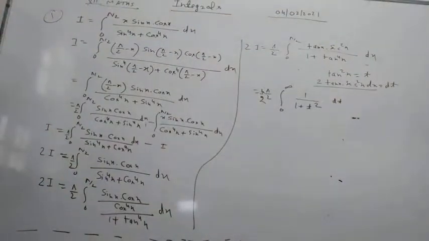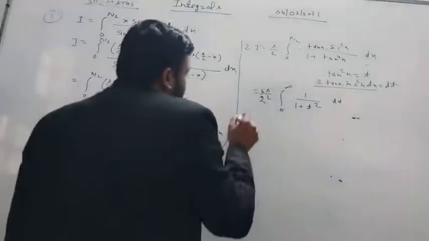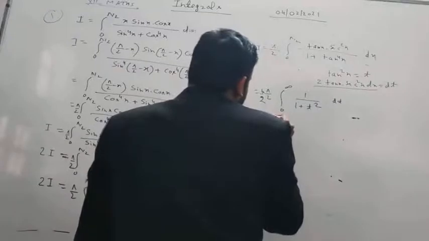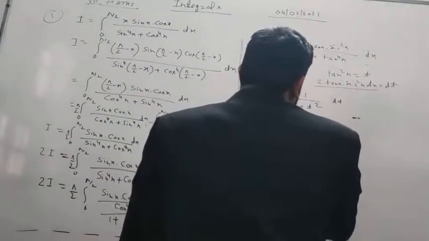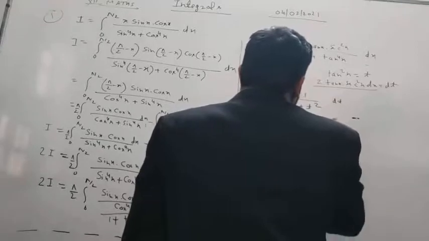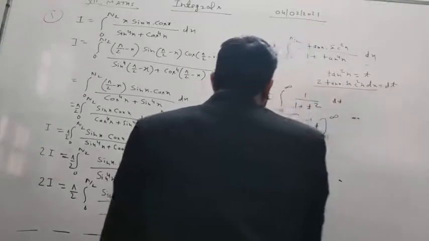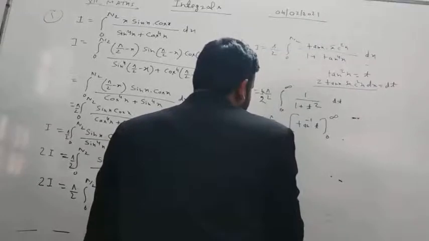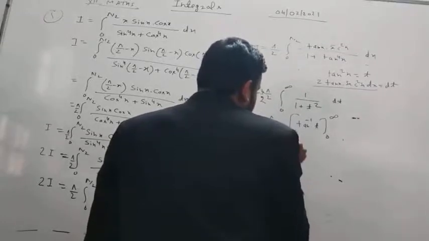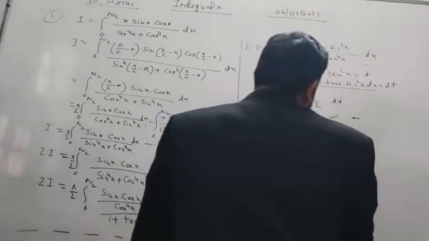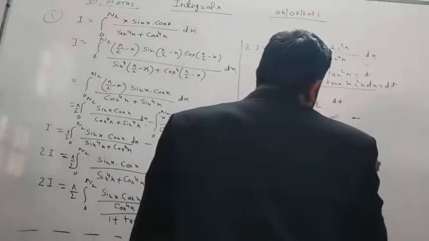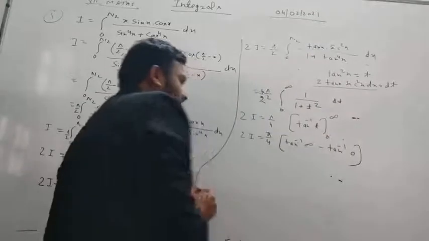And now, students, 2I is equal to pi by 4 times tan inverse t, with limits from 0 to infinity. So 2I is equal to pi by 4 times tan inverse of infinity minus tan inverse of 0.